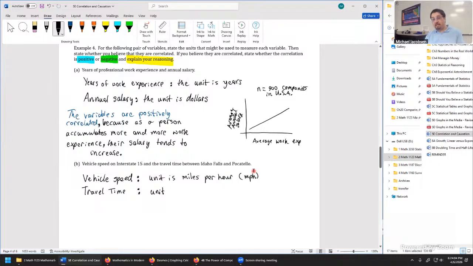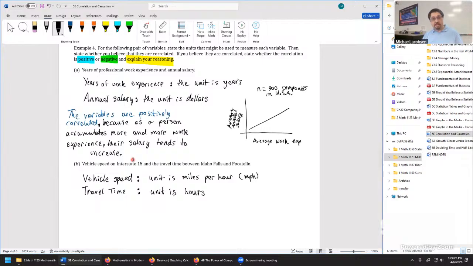But if we were taking speed in miles per hour, probably we're thinking of time in hours as well to keep the units compatible. So probably the best answer going off miles per hour is unit is hours. So certainly your speed on I-15 is highly correlated with your travel time.